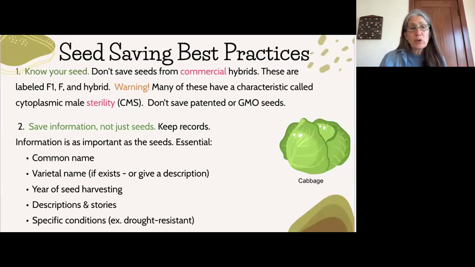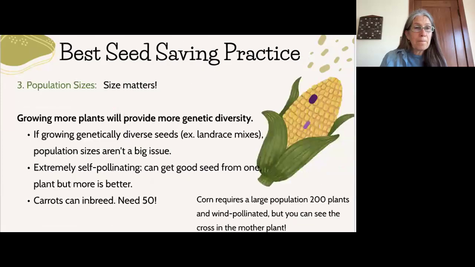If there's a description or a story that goes with it, record that information. And if you noticed anything useful that you might want to pass on, for example a drought resistance, or it didn't get powdery mildew, unlike all my other squashes, that would be useful information to share with the people you're sharing the seeds with.